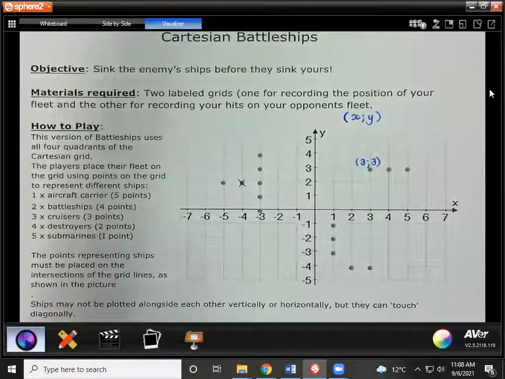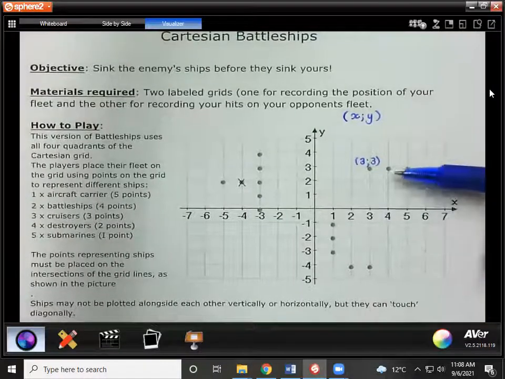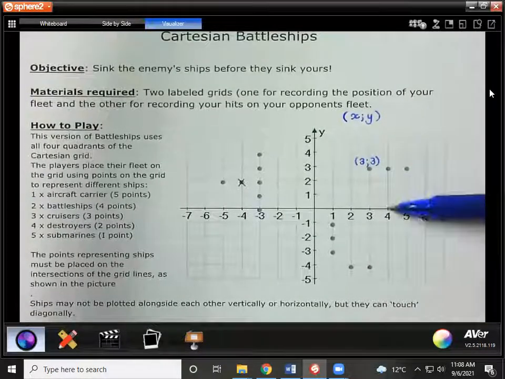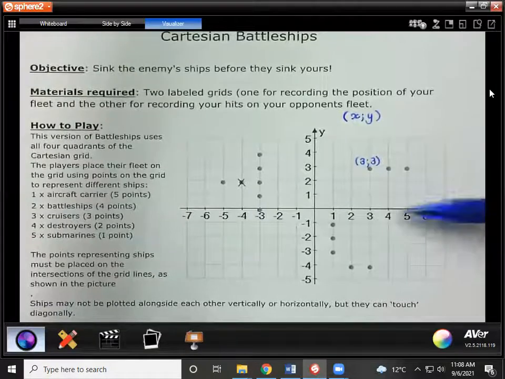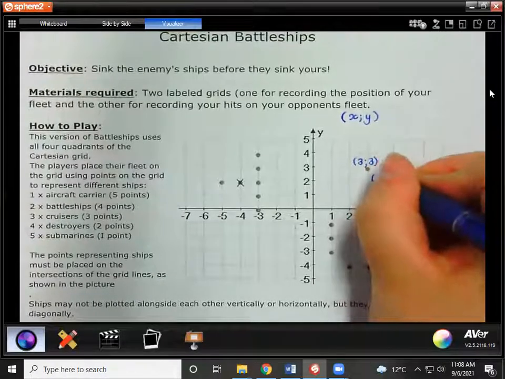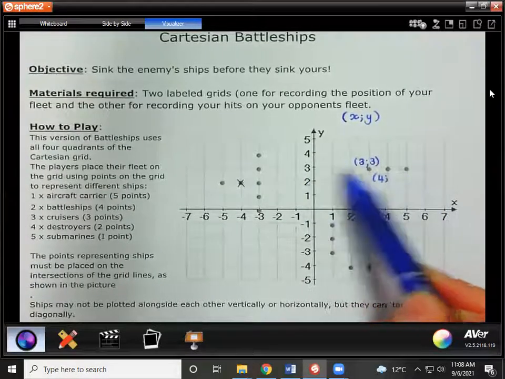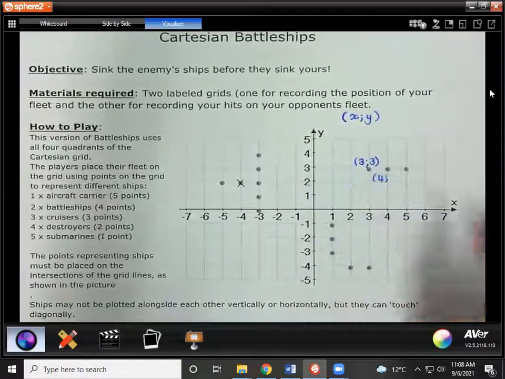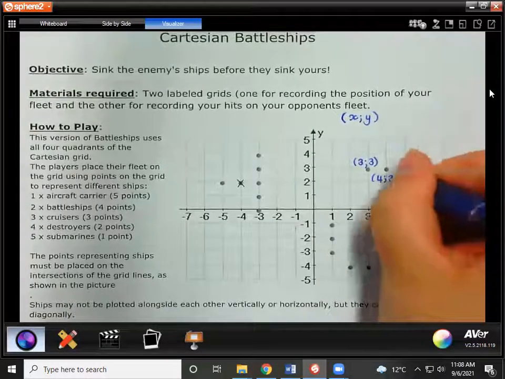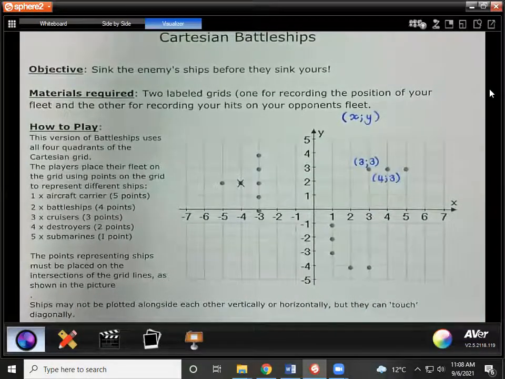If we're looking at the next one, it is above 4. And 4 is on the X-axis, so the X coordinate is 4, but it is next to 3, which is on the Y-axis. So that point has coordinates 4, 3.